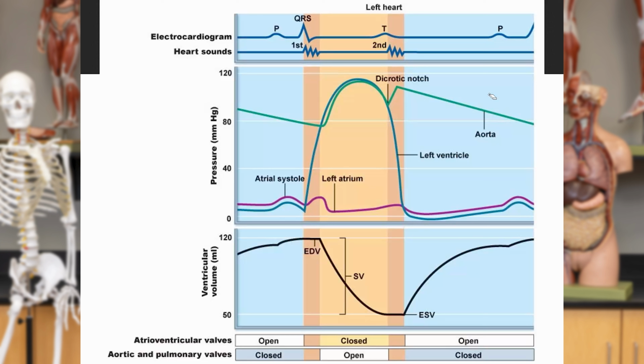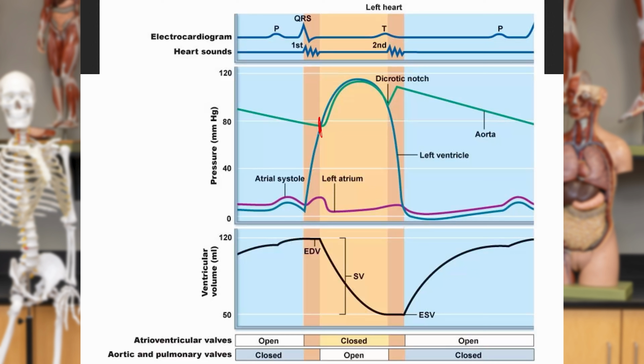All right, let's go down to this ventricular volume area, which we didn't do much with yet. The EDV, end diastolic volume, that was the amount of blood in the ventricle at the end of relaxation. If you notice, that's right here before it drops. That corresponds right there.